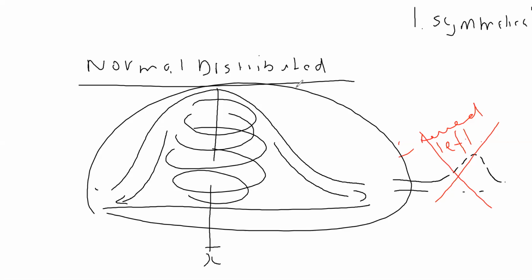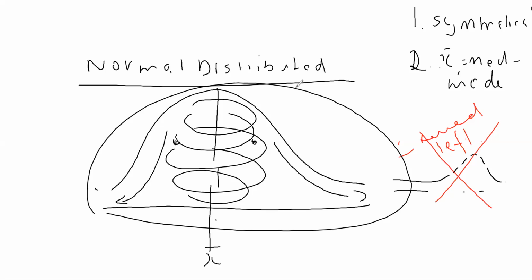That means your peak would be around your mean and your left-hand side and your right-hand side will be a mirrored reflection.